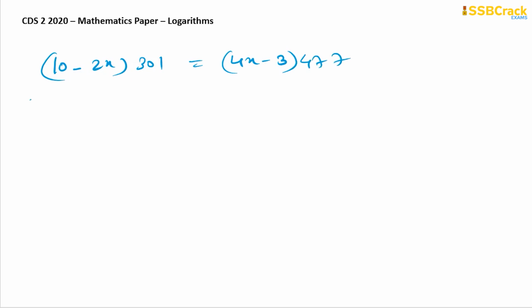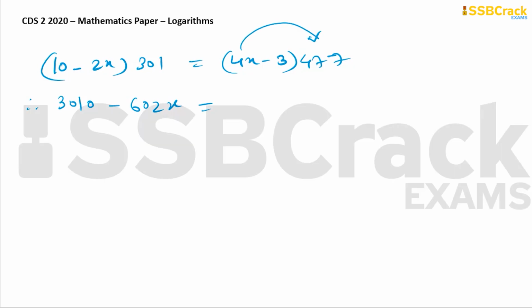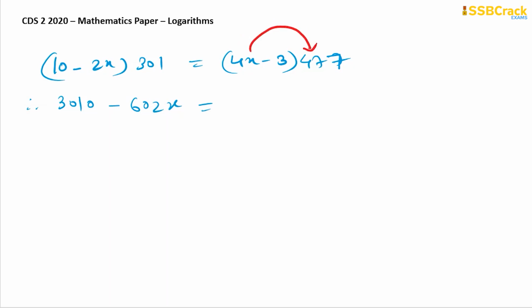So let's do this product. It's 3010 minus 301 into 2, what do you get? 602x. Right. So on the right hand side we have 4 into 477, what will it be? 4 into 477 will be 1908x, minus 3 into 477 will be 1431. So let's collect the x terms on the left hand side or the right hand side as you wish. I would collect them on the right hand side.